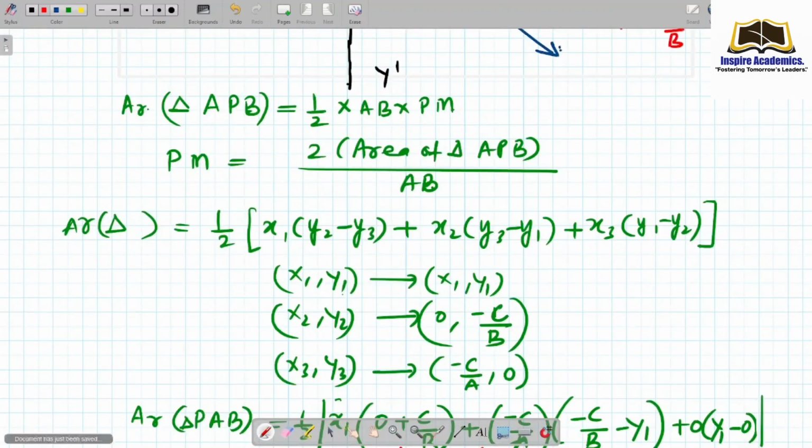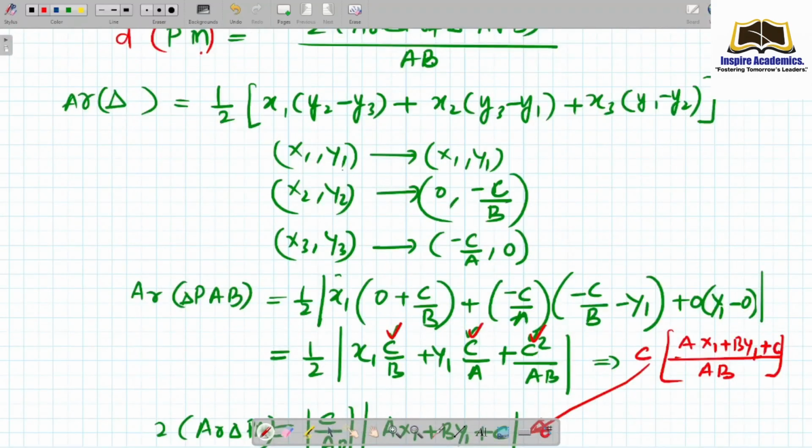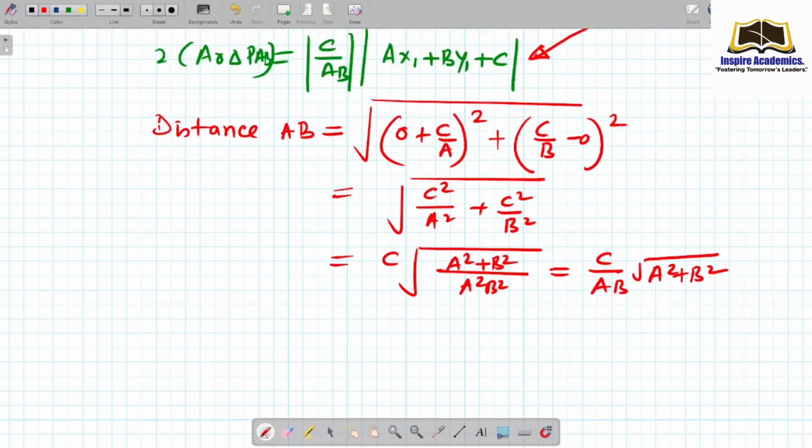So everything, all the data is available to find your PM. Okay, PM was the distance D. So twice area upon AB. So distance D, PM, yani D is equal to what?